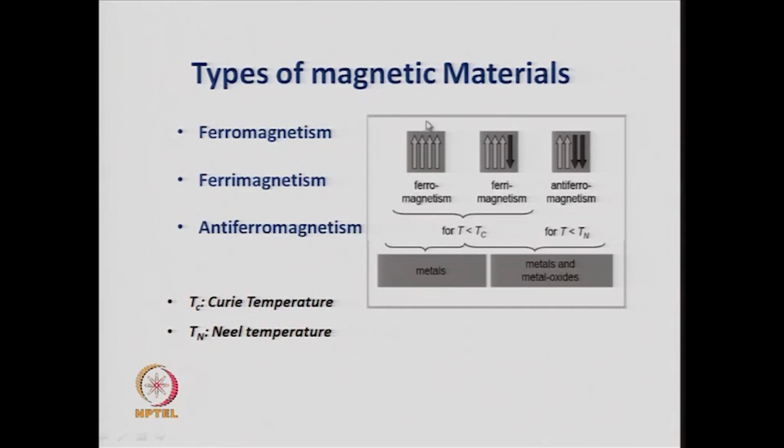In ferromagnetism all the moments are aligned, and this happens when the material is below a certain temperature. This alignment of the moments happens below a certain temperature called Tc. For ferromagnetism and ferrimagnetism, this Tc is called the Curie temperature, and for antiferromagnetism, where they order antiferromagnetically below a certain temperature, that temperature is called the Néel temperature.